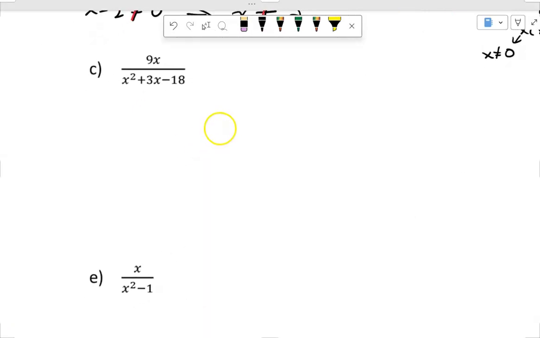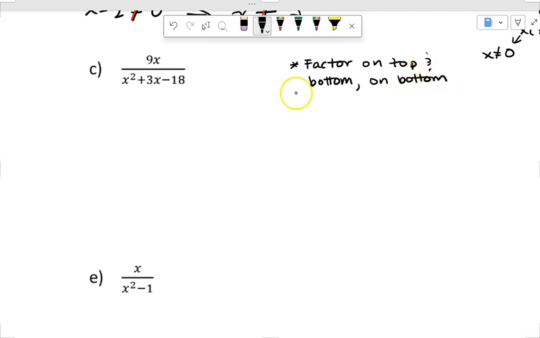Head to C, and I'm going to write the steps out this time. Factor on top and bottom. But mostly on bottom, because on bottom we can't equal 0.